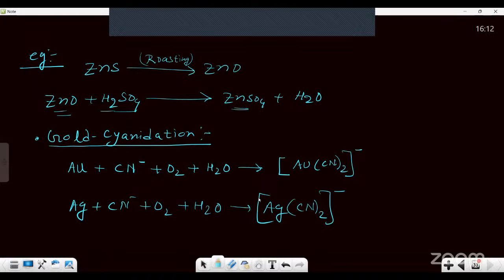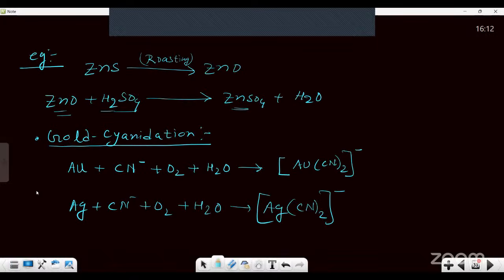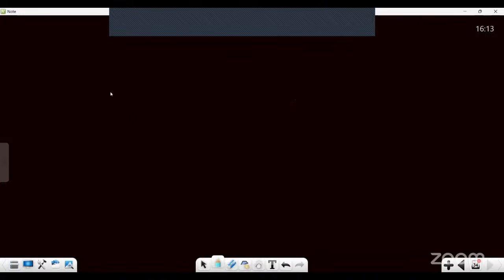This is called cyanidation. Now, the rate of leaching depends upon temperature, because as the temperature increases, you get faster kinetics and a higher diffusion rate.